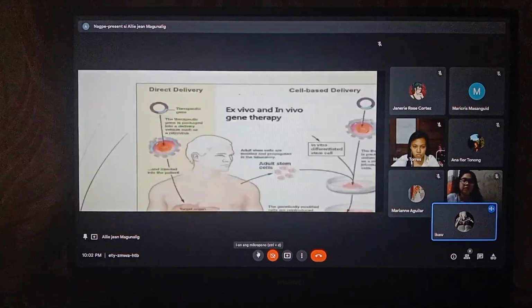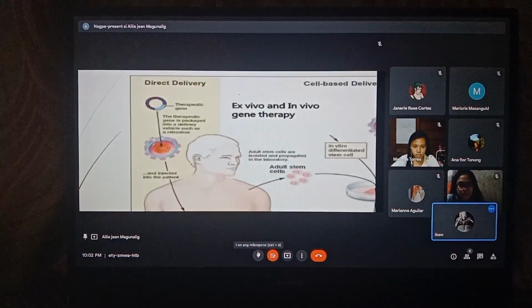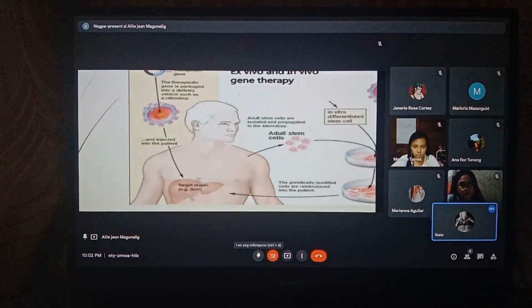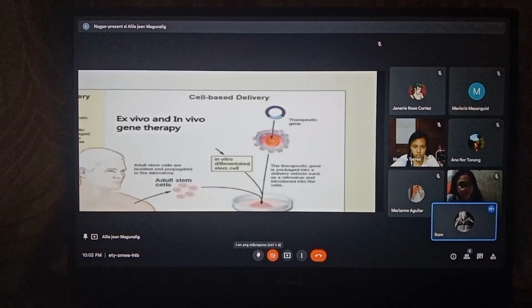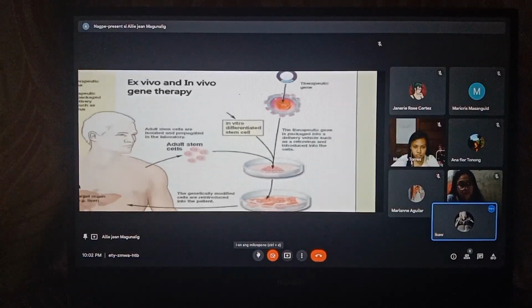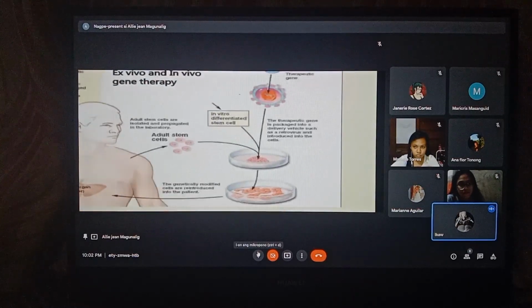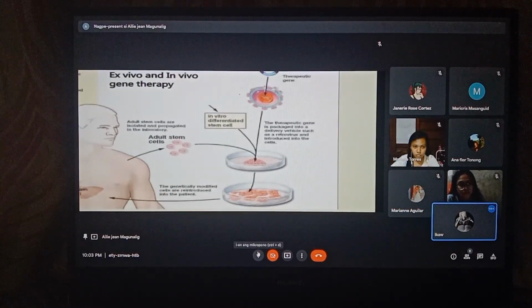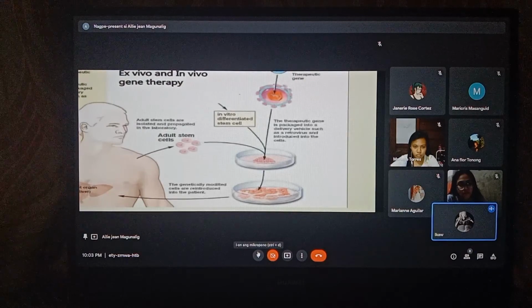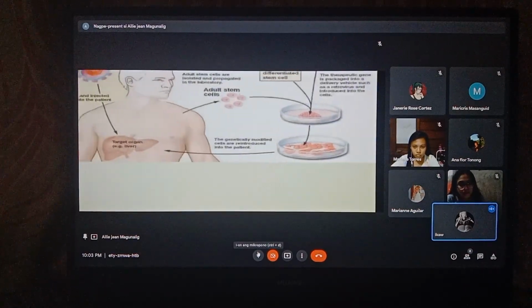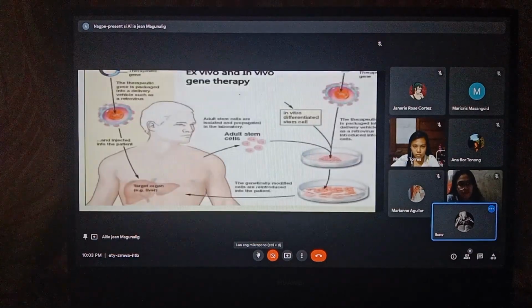As we can see here on this side, there is a therapeutic gene inserted or injected into the patient. And we can see here the in vivo, a therapeutic gene packaged into delivery vehicles such as retroviruses, introduced to the cells, then transferred to the patient.